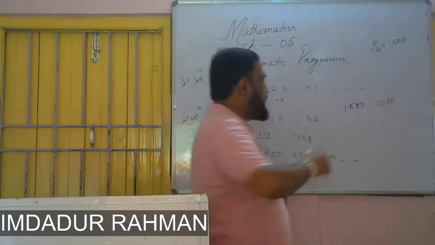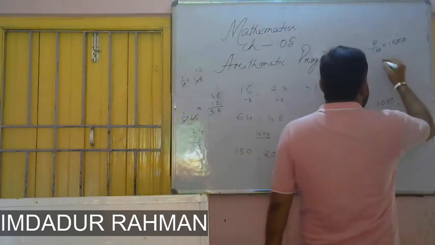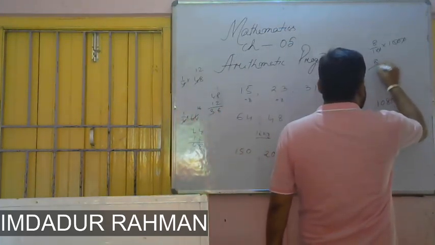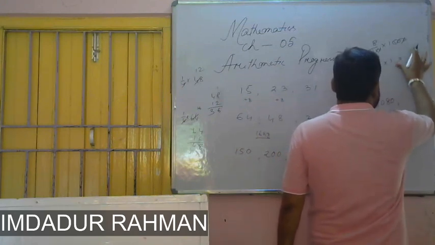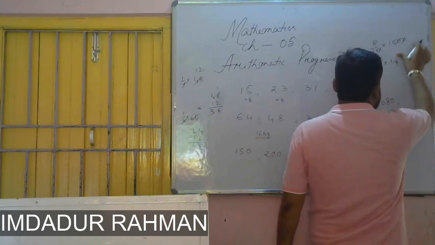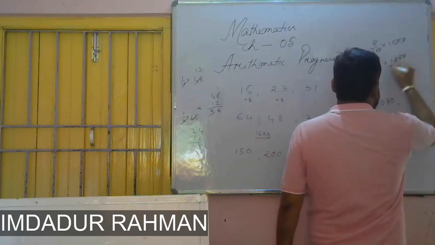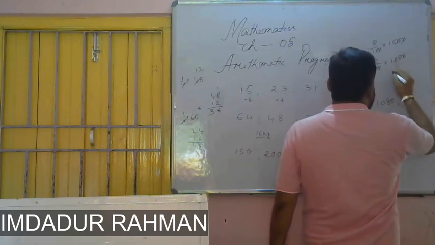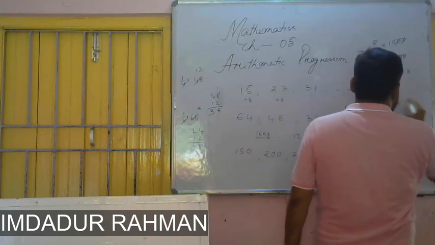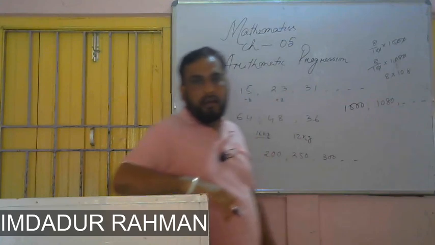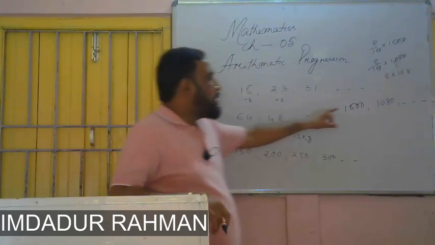Like this it will increase, then next year it will become 8% of 1080, which will become how much? 8 into 10.8. So it will not be an AP series, that is, the common difference.